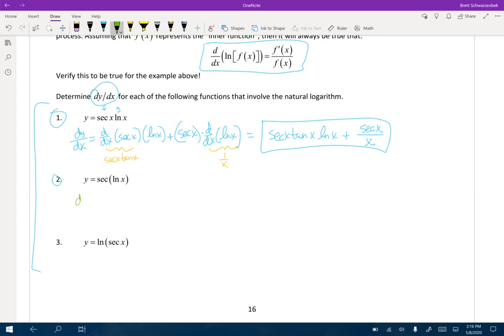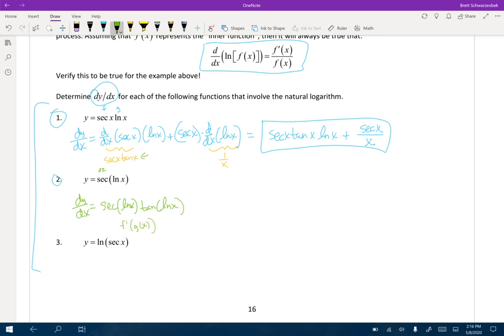So if we need to find dy dx, it's going to look a little weird, but we have to find the derivative of the outer function. What is the derivative of secant? We already said what that was. It's secant tangent, but you don't write secant x tangent x because the x's are placeholders for the inner function. So you write secant natural log of x, tangent natural log of x as the derivative. This is f prime of g of x.